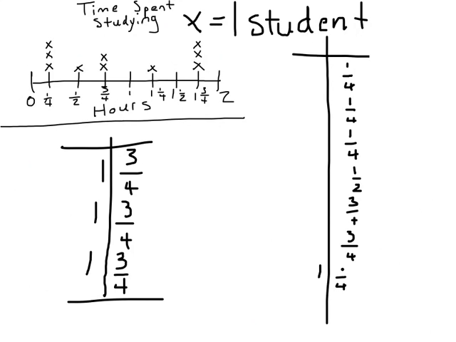Now, I can break these into chunks and then add those chunks together. So let's start by adding 1/4 plus 1/4 plus 1/4. What's 1/4 plus 1/4 plus 1/4? It's 3/4. 1/2 doesn't have the same denominator as 1/4, 3/4, 1 1/4, and 1 3/4.